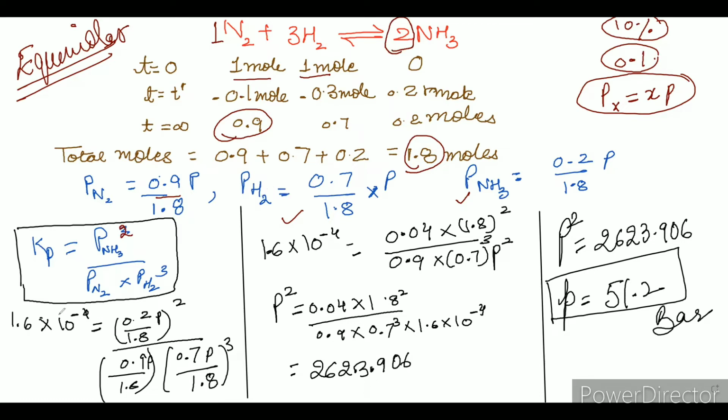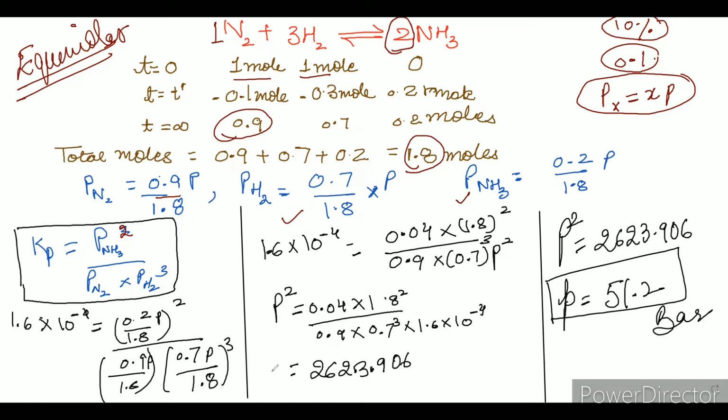Now the value of Kp is given to us, that is 1.6 into 10 raised to power minus 4. And P of NH3, we have already found out: 0.2 divided by 1.8, times P. And similarly for P of N2 and P of H2 cubed. We are just substituting the values, and after solving this, what we got is P square is equal to 0.04 multiplied by 1.8 square divided by 0.9, 0.7 cube, and 1.6 into 10 raised to power minus 4.